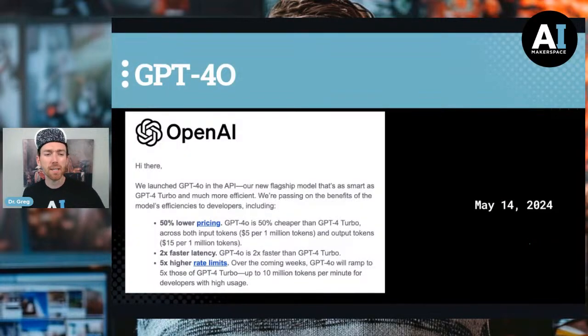And as we discussed, we've got cheaper, faster, better. This was on May 14th, literally yesterday, and just a month after the GPT-4 Vision newsletter was sent out, we got this.